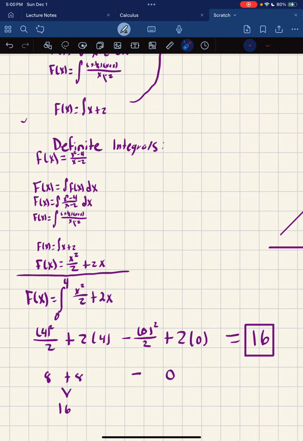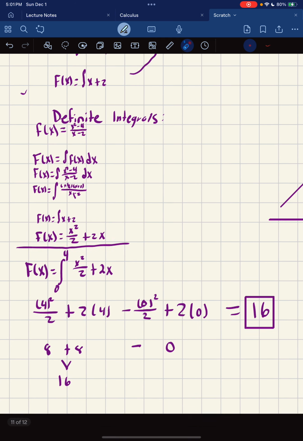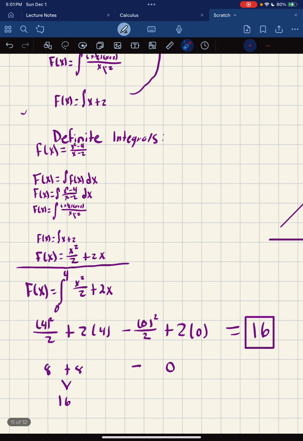Now in my definite integral, the antiderivative is also the same, x squared divided by 2 plus 2x. Now for the definite integral, we do plug in. So we are left with the integral from 0 to 4 of x plus 2. Once plugging in, we are left with 4 squared divided by 2 plus 2 times 4, minus 0 squared divided by 2 plus 2 times 0.